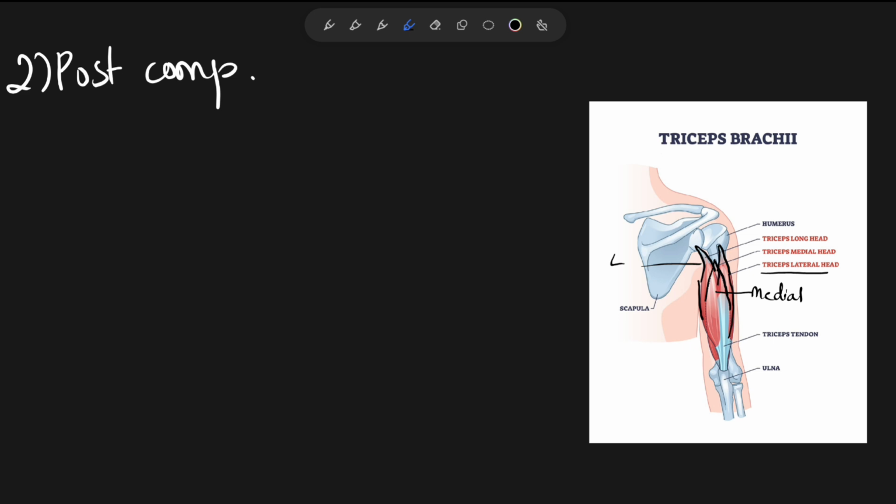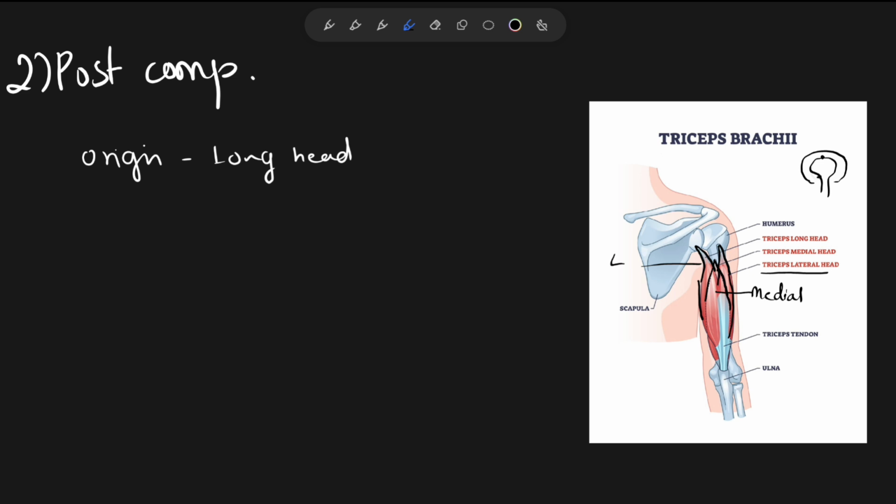So here, let's do the origin and insertion of each and every muscle. Origin first. Let's do the long head. How is it coming? As I said before, in our humerus, this is the head of the humerus, and here in the glenoid cavity we have the supraglenoid tubercle and here the infraglenoid tubercle.